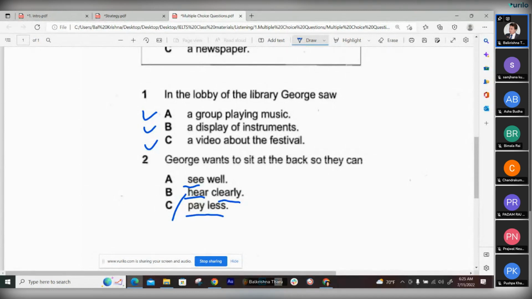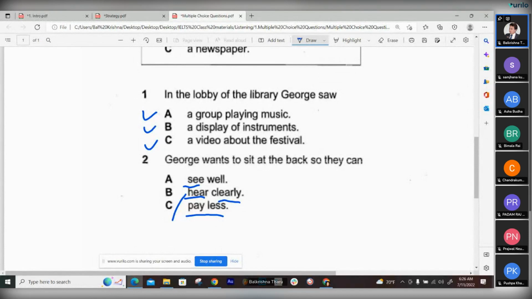Pay less. The speakers might never use these two words. The speakers might use words like inexpensive or cheap or discount. Pay less, it's actually discount.